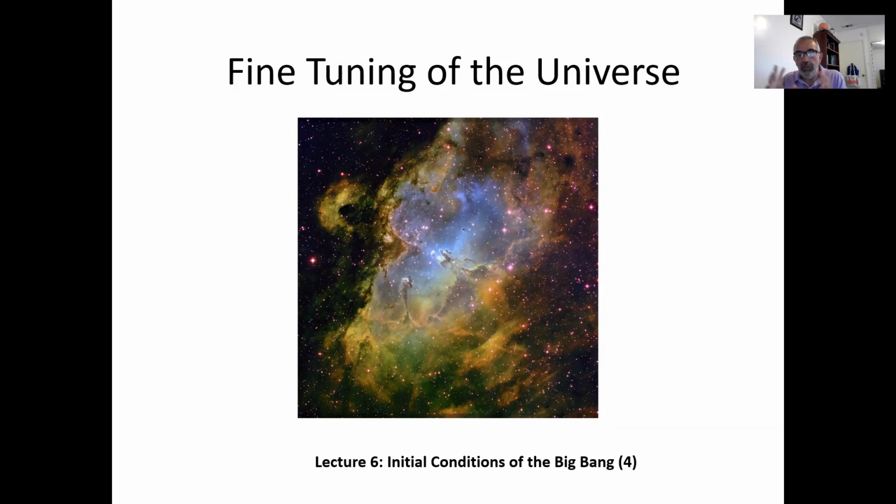It was not just some haphazard explosion, but it had to fulfill very, very precise initial conditions to allow the universe to be hospitable to life. And we are going to finish up this discussion of initial conditions today, inshallah, and then in later lectures move on to other examples of fine-tuning that involve things like the fundamental constants of nature.